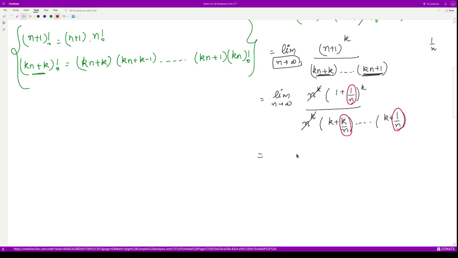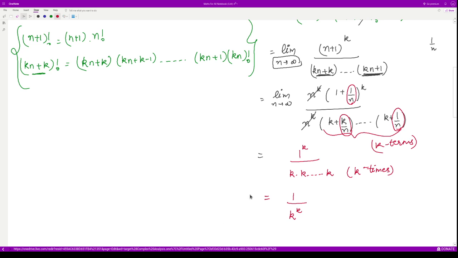So we'll be left with 1 raised to power k divided by k into k into k, k times, because there were total k terms. So we are left with 1 upon k raised to power k.